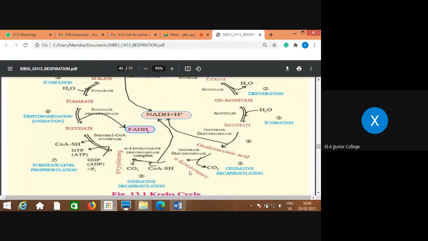From this 6-carbon compound, first a 5-carbon compound is produced, and from the 5-carbon, a 4-carbon compound is produced. That means this is the first decarboxylation reaction. This is the second decarboxylation reaction. So remember, whenever there is removal, the D word is used. So removal of carbon, that is in the form of CO2. So this is the first decarboxylation.